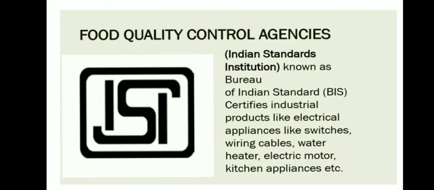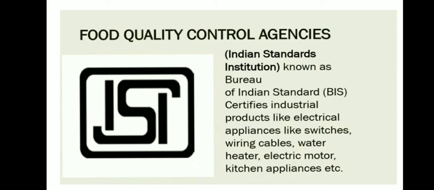The next, food quality control agencies. Indian Standard Institution. This Standard Institution certifies industrial products like electrical appliances such as switches, wiring cables, water heater, electric motor, kitchen appliances. So all these kinds of electrical appliances are taken charge of by food quality control agencies.